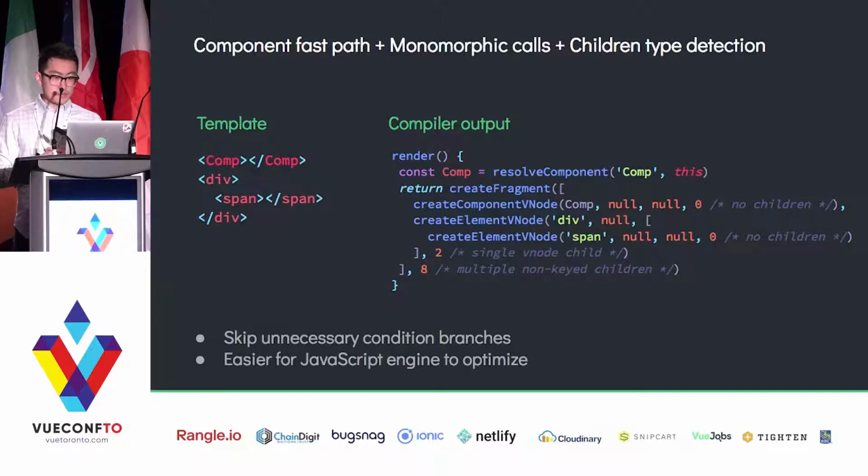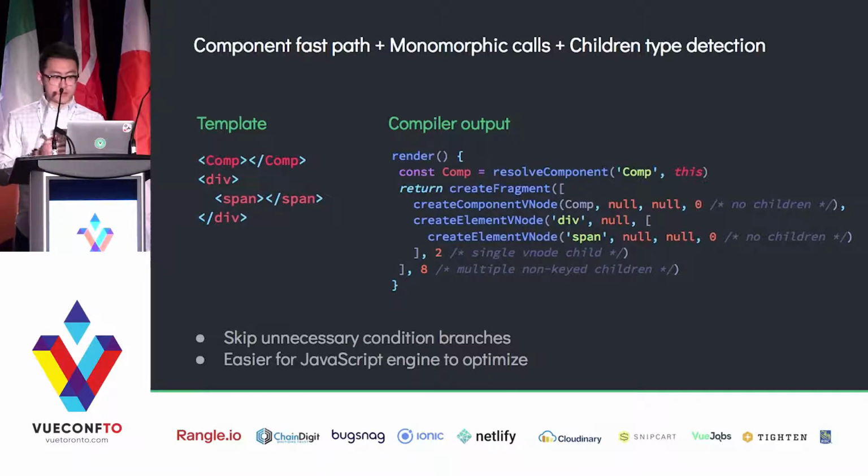So the first thing we are going to introduce is we're going to generate more efficient code that creates these virtual nodes. This looks super verbose, but the reason it is doing so is because we want to ensure that every single call to these create fragment, component vnode, element vnode calls receive a consistent number and shape of arguments.